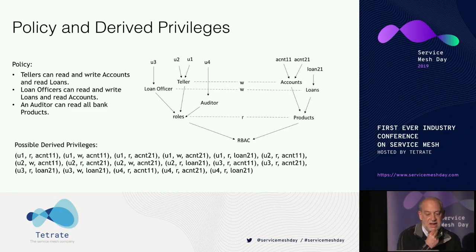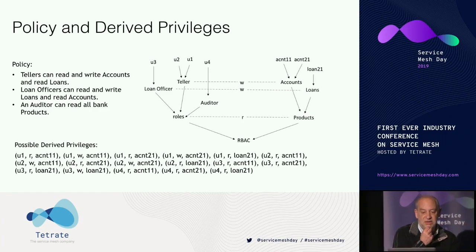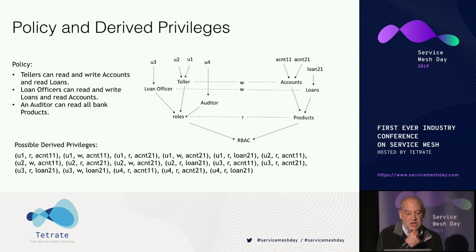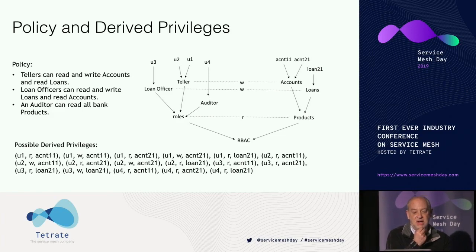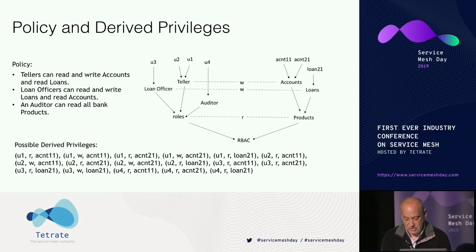So in this case, the policy is tellers can read and write accounts and read loans. Loan officers can read and write loans and read accounts, and auditors can read all bank products.